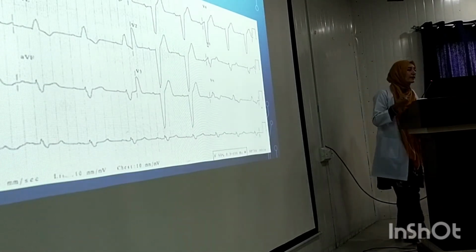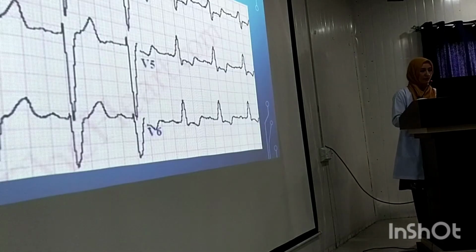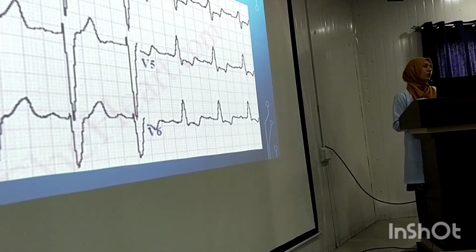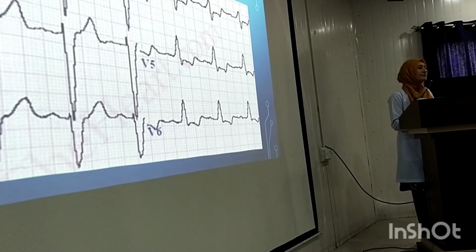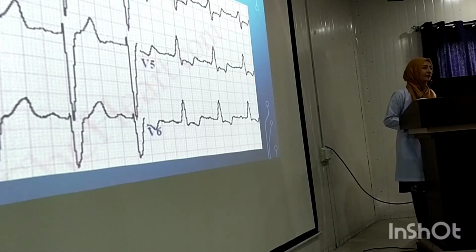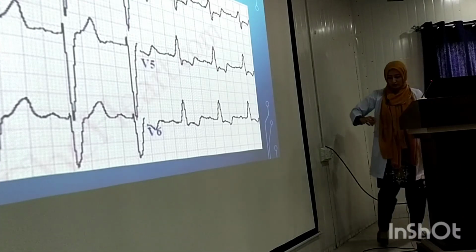It will be more clear in the next ECG. This is again a left bundle branch block. When we are deciding, we basically focus on lead V1 and V6 of the ECG. If there are upward QRS complexes in lead V1, it's basically a right bundle branch block, and if there are upward complexes in lead V6, it's a left bundle branch block.